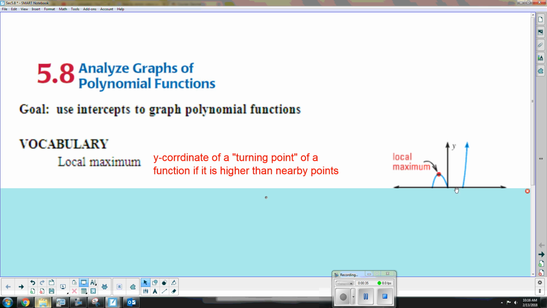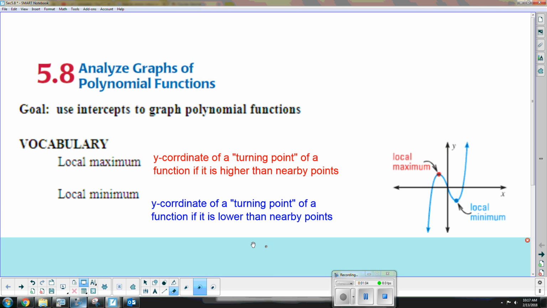So this graph is a cubic graph that you can see right here to the right, and this point is the local maximum. It's not the maximum of the whole graph, because as you can see, over here, for example, this point is clearly higher, but this local maximum is the highest point compared to its surrounding points.